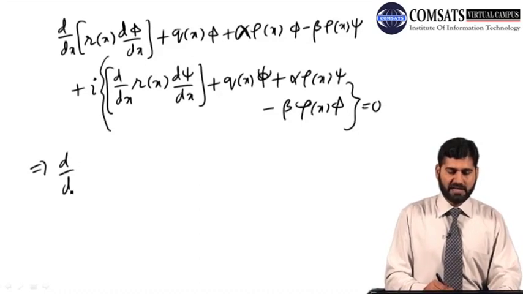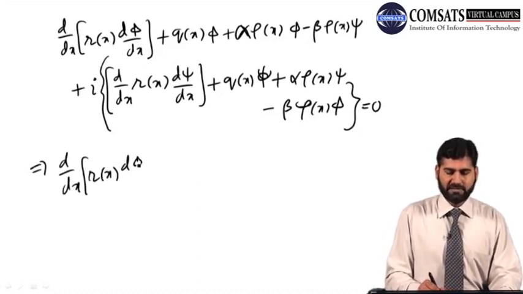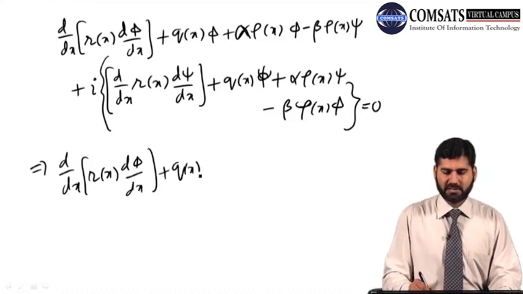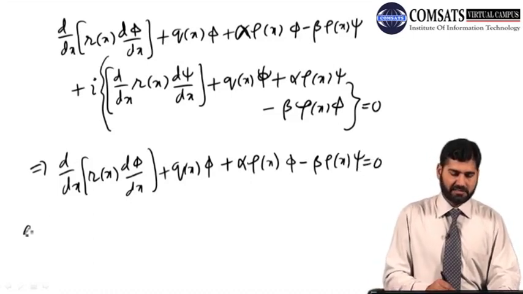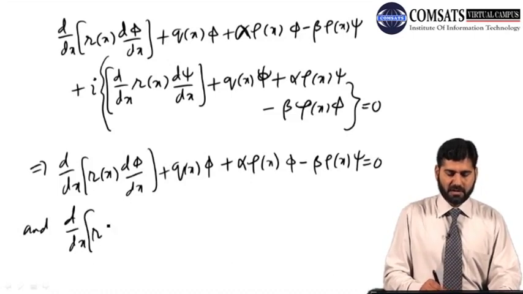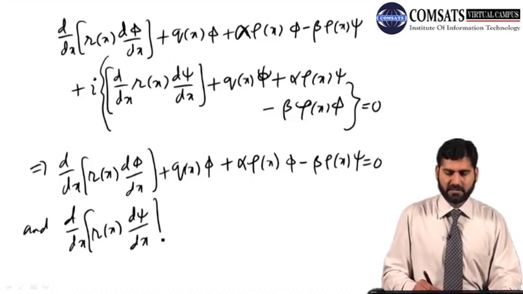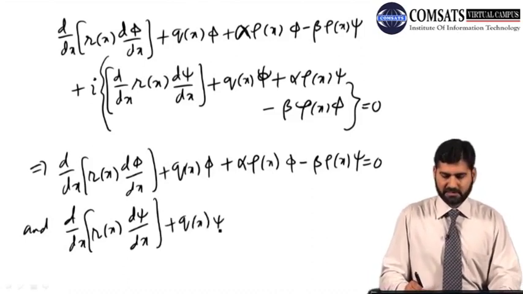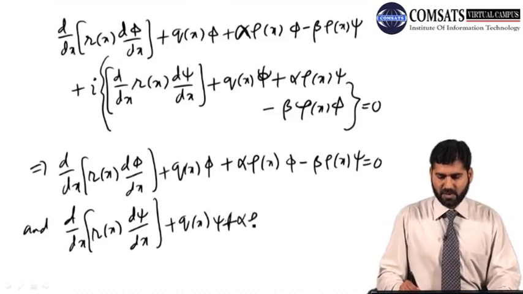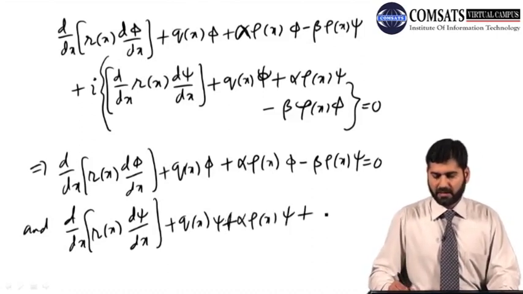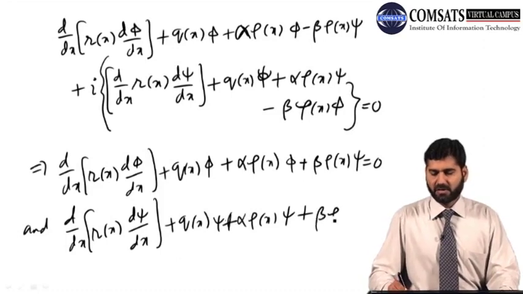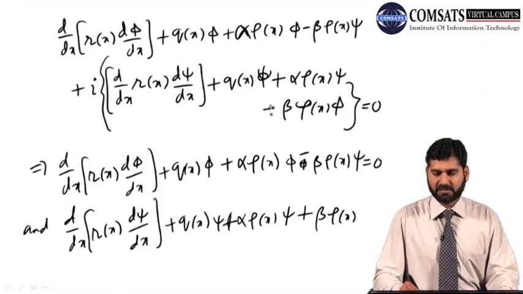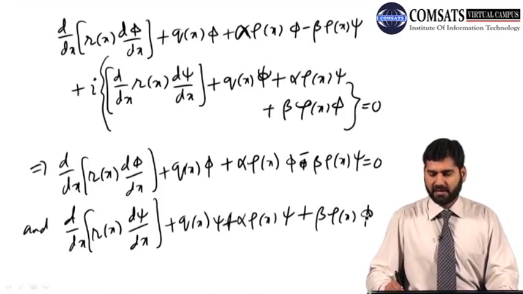So this implies that d by dx of R(x) d phi by dx plus q(x) phi plus alpha rho(x) phi minus beta rho(x) psi, and d by dx of R(x) d psi by dx plus q(x) psi plus alpha rho(x) psi plus beta rho(x) phi is equal to 0.